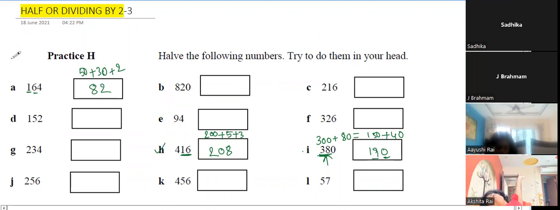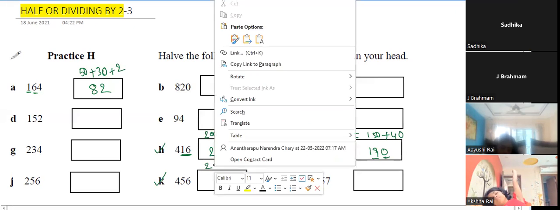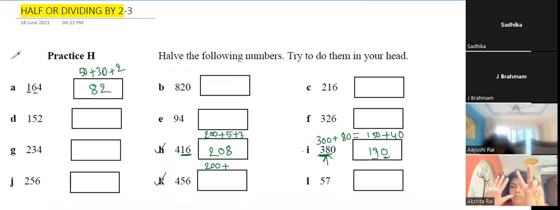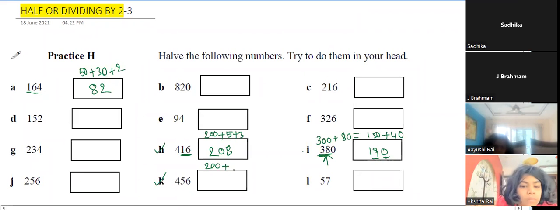Then Sadika, your question is K. 400's half is 200. 56's half is 28: 50's half is 25, and 6's half is 3.